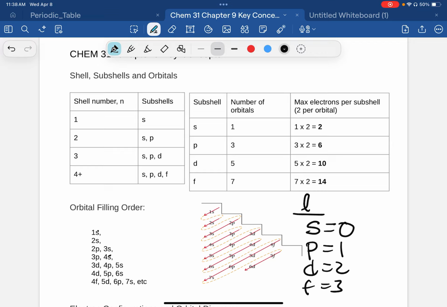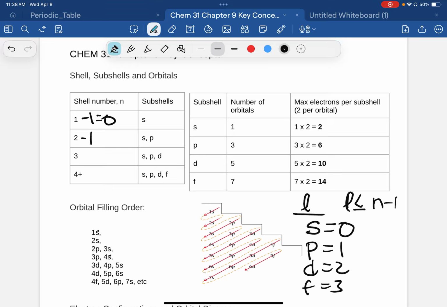We know that l has to be less than or equal to n, or n minus 1. What this really means is that if you take the shell number n minus 1, for n equals 1 that's 0, so the only subshell that can exist in level 1 is the 0, or s.